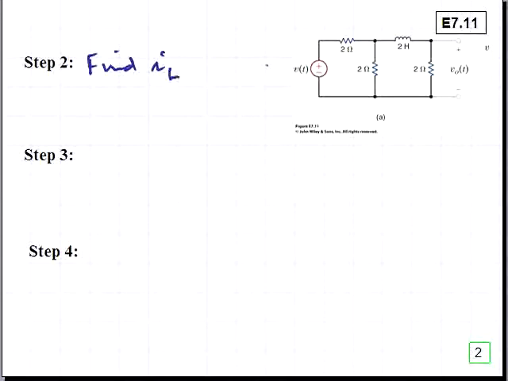In this case, it is the inductor current at time 0 minus, just before this pulse switches to its high level. This is the inductor current that we're looking for.